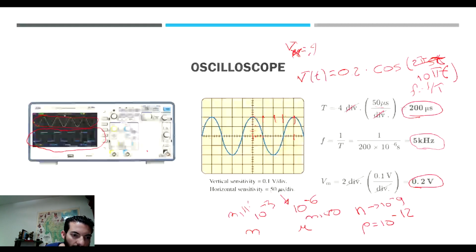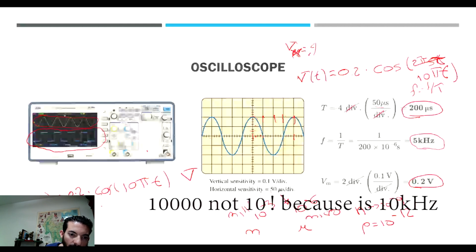Let me write it again. V as a function of time, where we input seconds, and the units are seconds for the horizontal axis. We have V equals 0.2 times cosine of 10 pi t, and this is in units of volts.